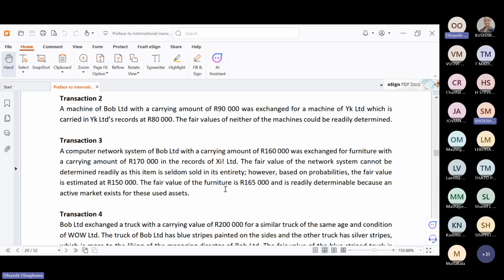However, based on probabilities, the fair value is estimated at 150. The fair value of the furniture is 165 and is readily determinable because an active market exists for this used asset.